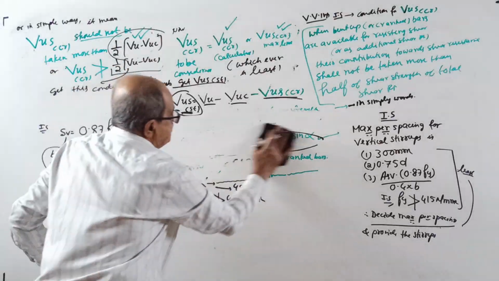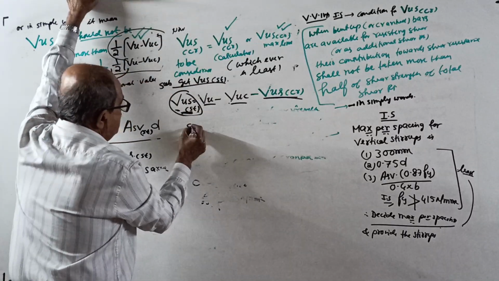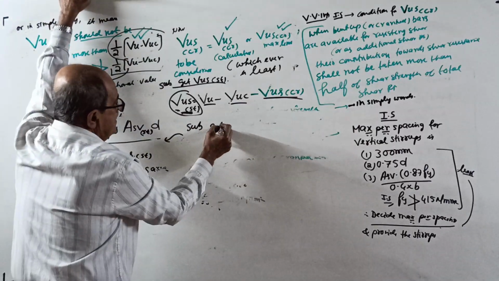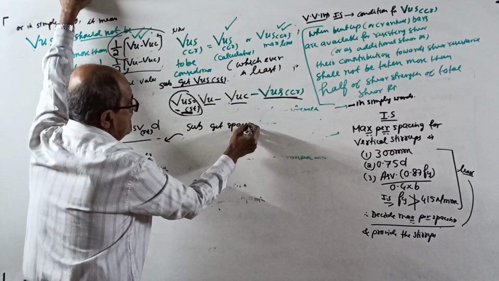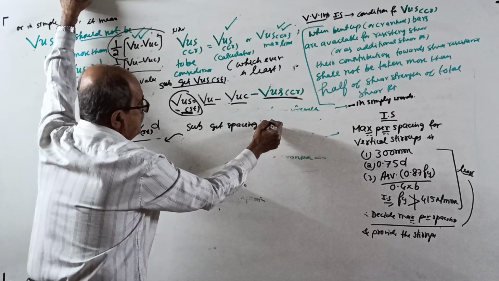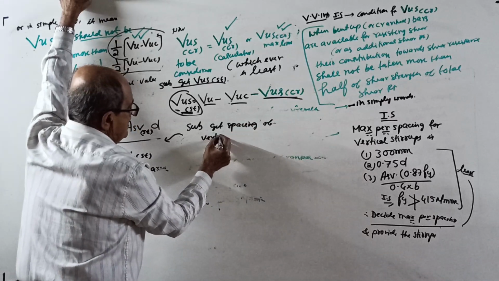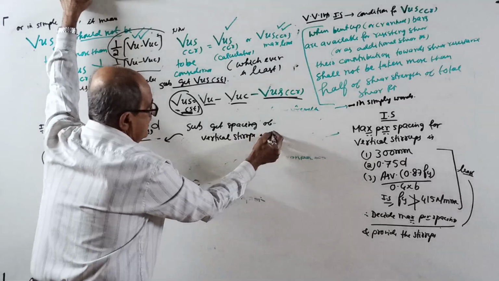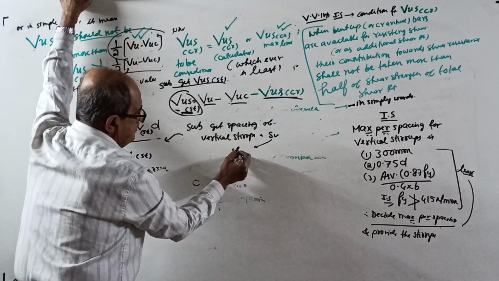Then, last step, substituting in this formula, get the spacing of vertical stirrups, that is SV, strength based.